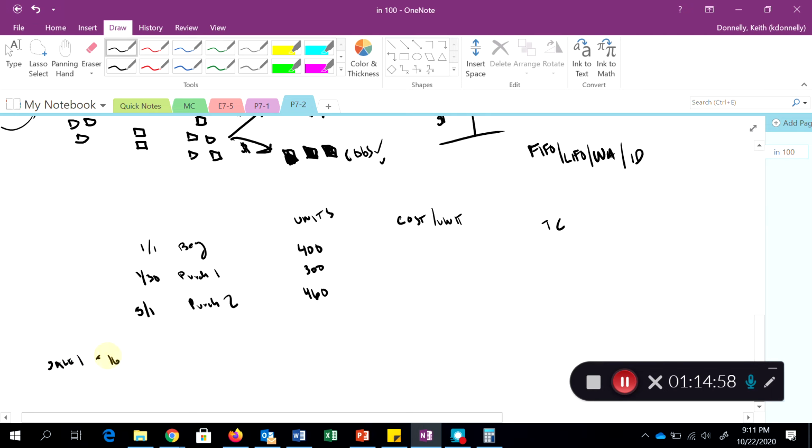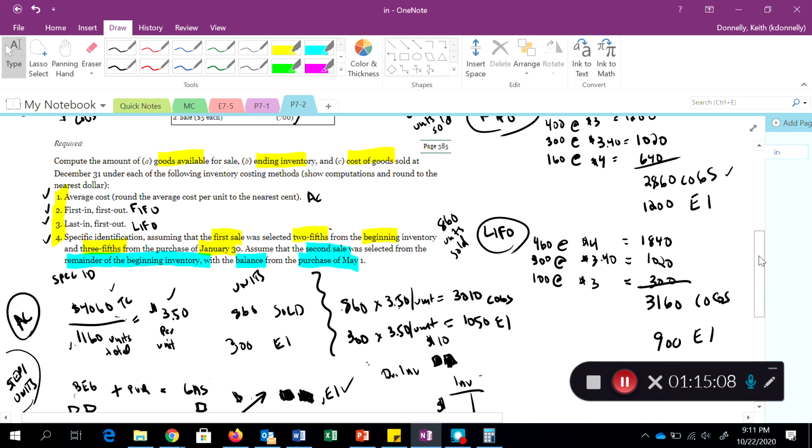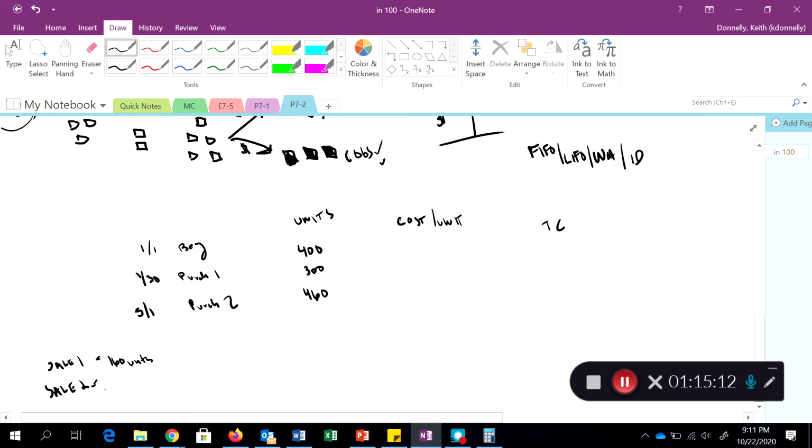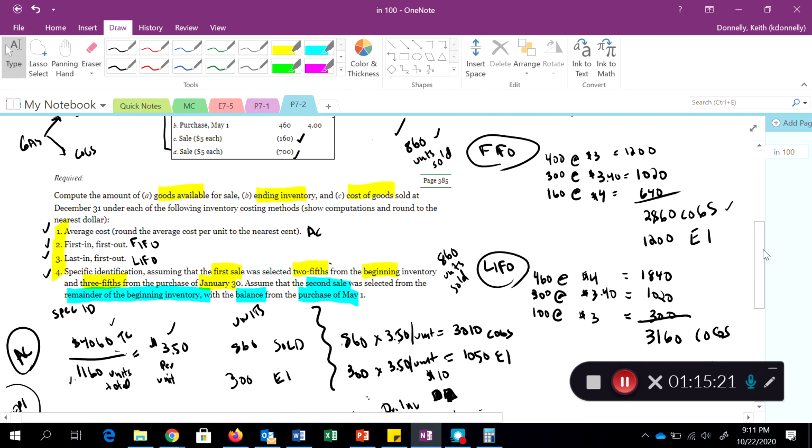we sold 160 units. Sale 2, let's go up and check that out. We sold 700 units. And just to mirror the highlighting, it looks like we used yellow and blue.